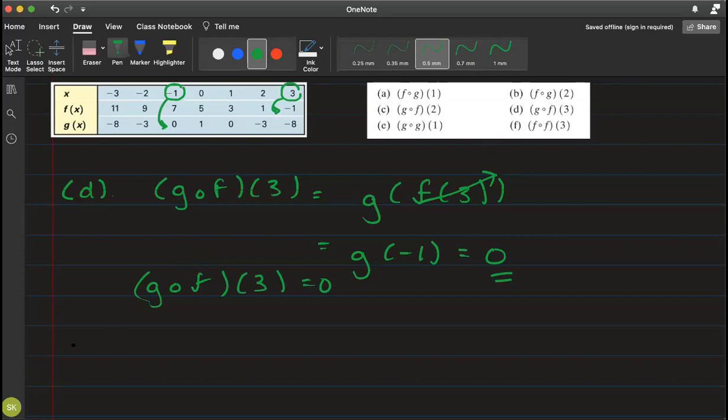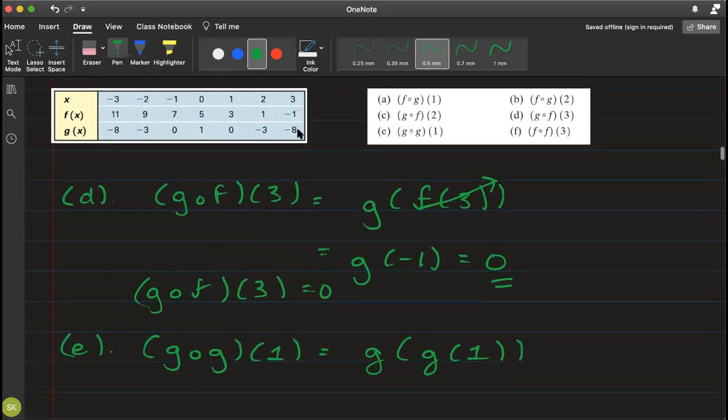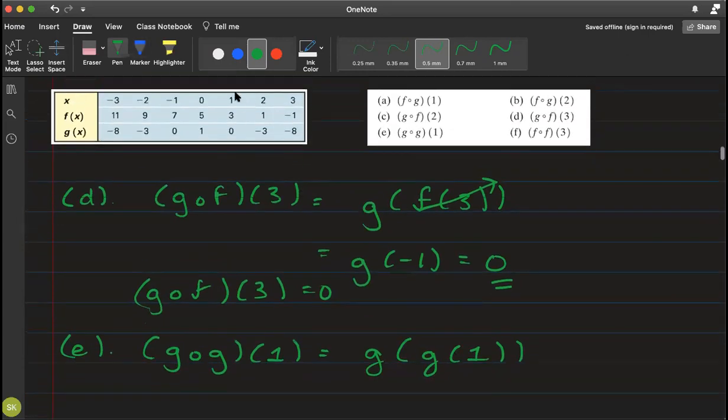Now E and F are a little different. Let's see if we can figure these out. E is G composed of G of 1. Okay, so this is G with G of 1 put inside it. Okay, so let's find 1. 1 is right here. Where does G send that?